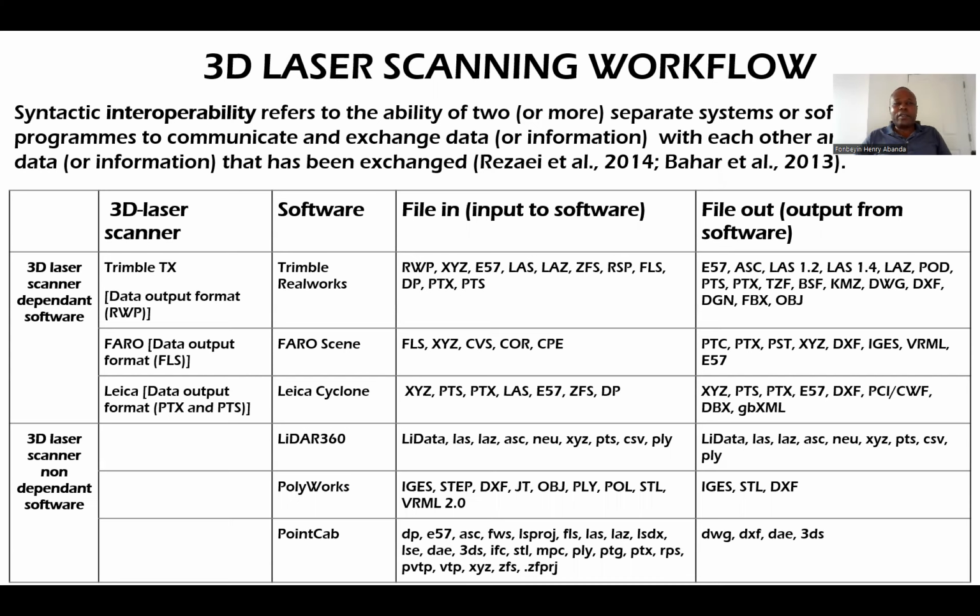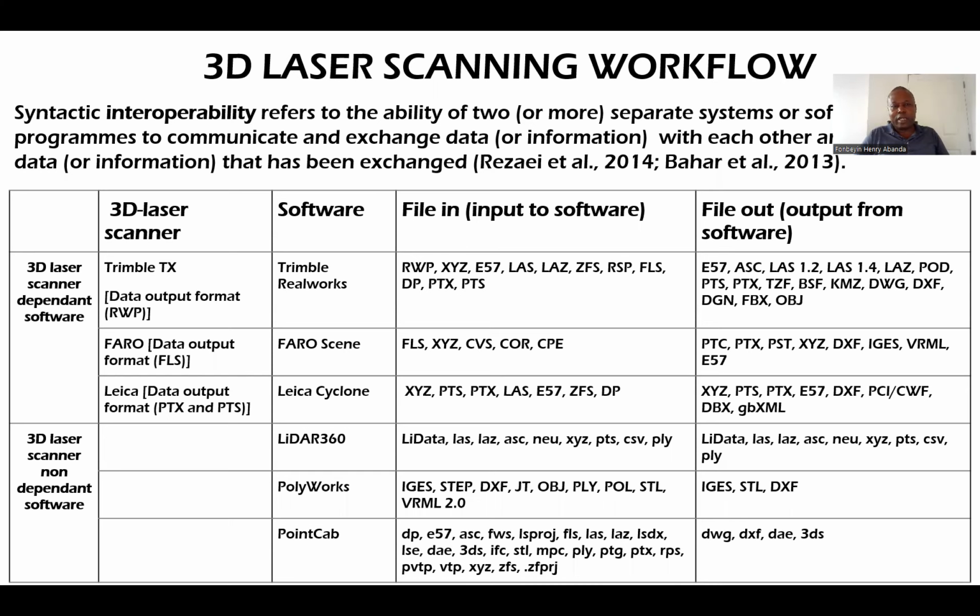In this case, the data from Faro should be able to be read by Revit, for example. And so we'll have a table there where we've actually developed this in one of our articles that we wrote some years back.